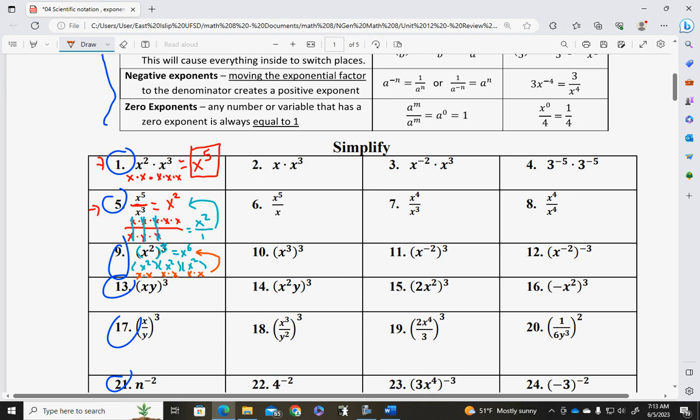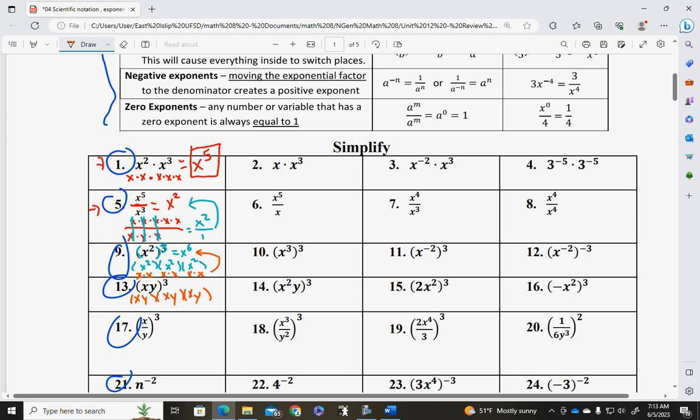On number 13, I only do this one by expanding. So in parentheses, I have an xy. Those parentheses get written out 3 times because of that exponent. So xy is getting written out 3 times. I can do this next step in my head.